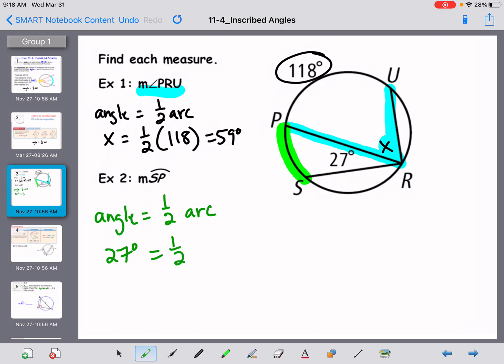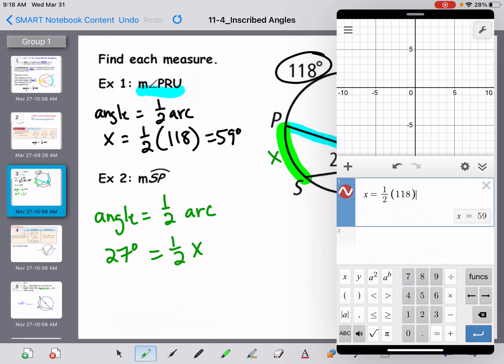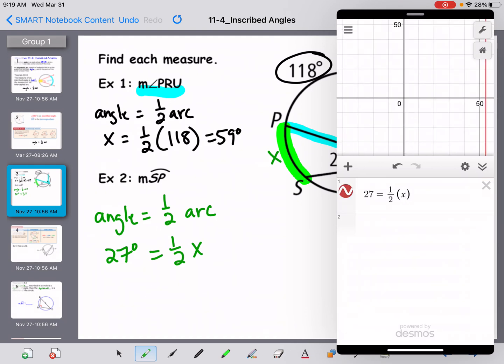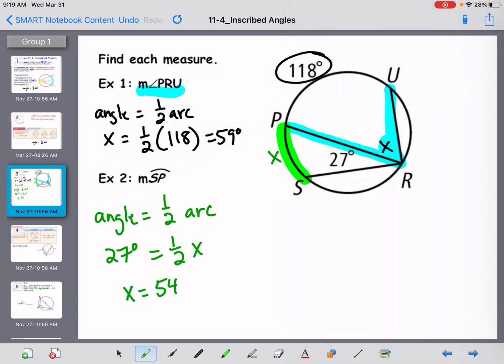The arc is what I don't know, so that would be my X in this problem. When I go to Desmos, I put 27 for the angle and an X where the arc goes. I have to zoom out to find it, but my answer is 54. So that arc measure would be 54 degrees.